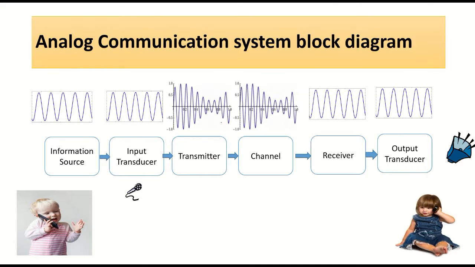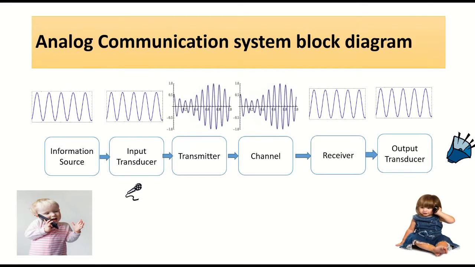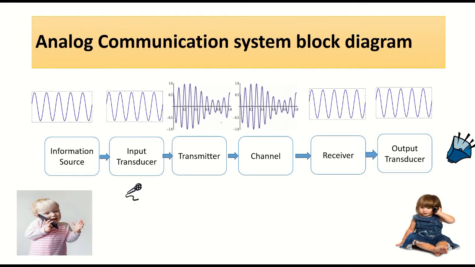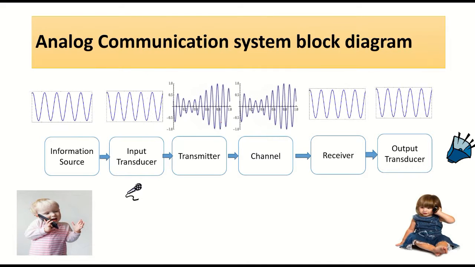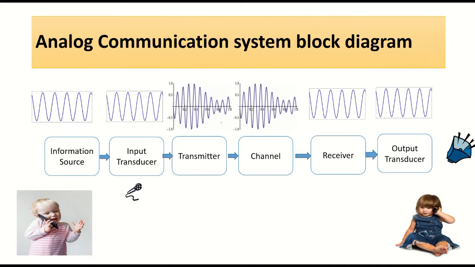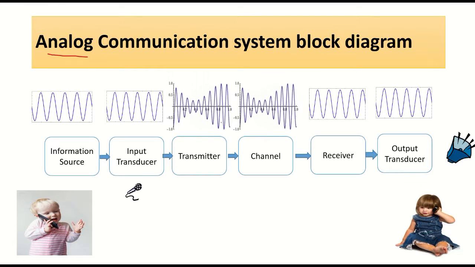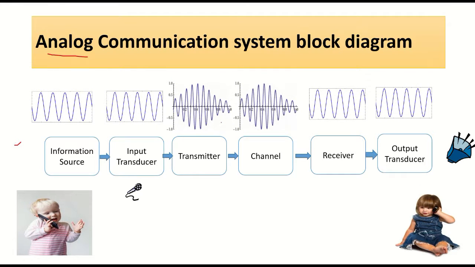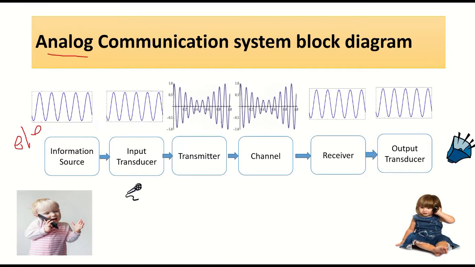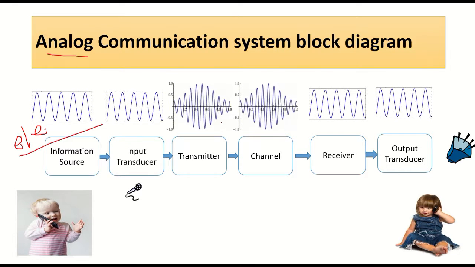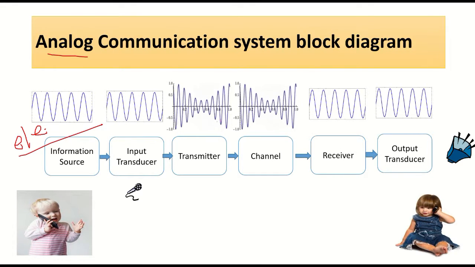So it is required to have the information in the same form at the receiver end, so that it can be a successful communication system. But in the case of an analog communication system, you require the energy in the form of an electrical signal. That is why we are converting our signal into the electrical form, right?